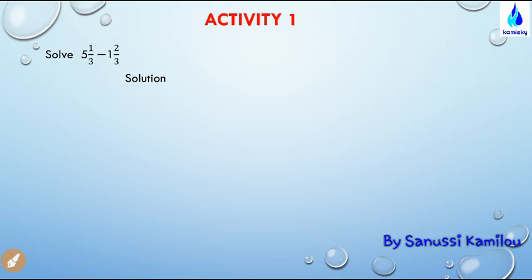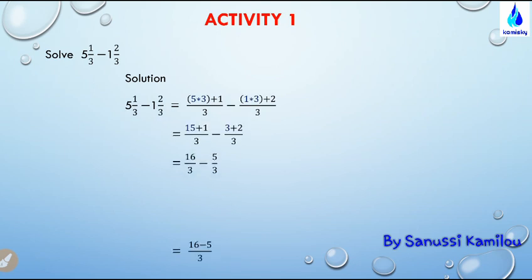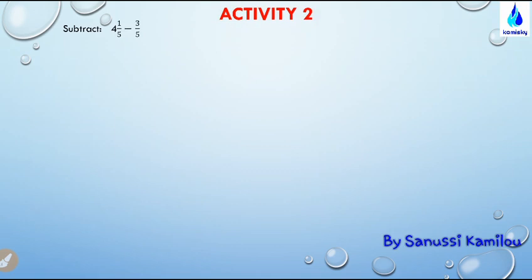Look at activity 2. But before we go to activity 2, let's look at what we just solved together. This is what I did over here, you see. So the same answer, and then I have explained it already over there. Activity 2. Subtract 4 whole number 1 over 5 minus 3 over 5.